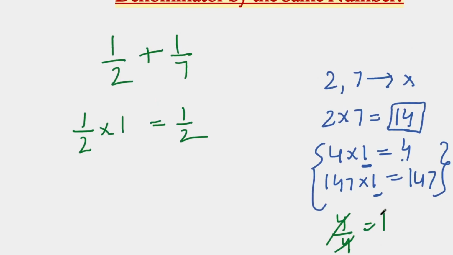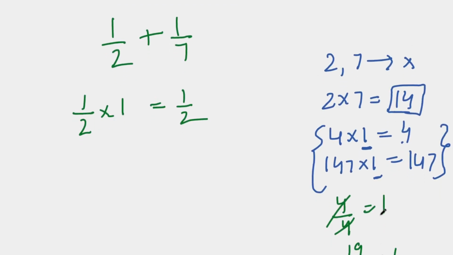Which means if you have the same numerator and denominator, you have 1. Alright, following this, I am replacing this 1 by 7 by 7. Like 4 by 4 is 1, 19 by 19 is 1, so 7 by 7 is also 1. So I am just writing 1 in this form.